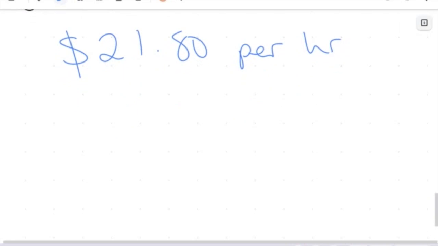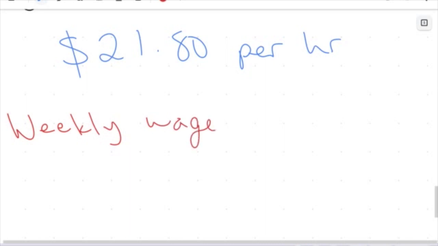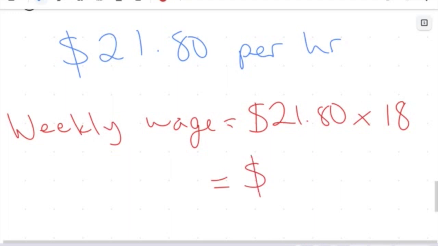You can figure out your weekly wage by taking what you made per hour, $21.80, and multiplying it by the amount of hours worked. In this case, this is 18 here. And once you do that, you're going to find that you have made $392.40. But we're not finished yet.